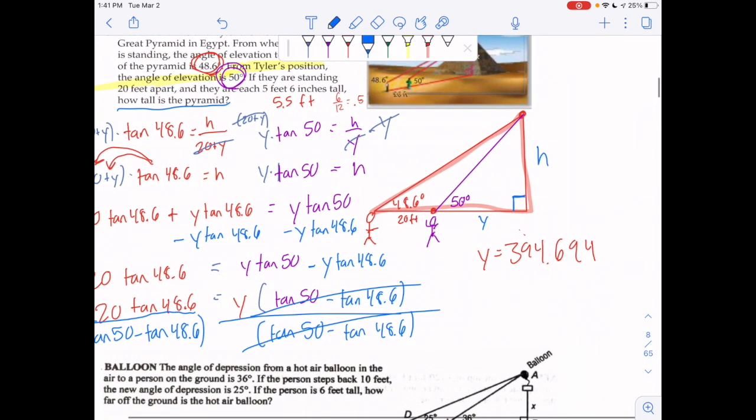You're almost done. But now you need to set up your tangent 50 now equals opposite over that y. The y now is 394.694. Okay. Solve for h. Multiply that 394.694 to both sides.